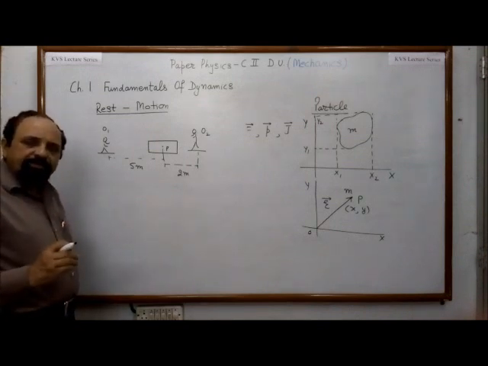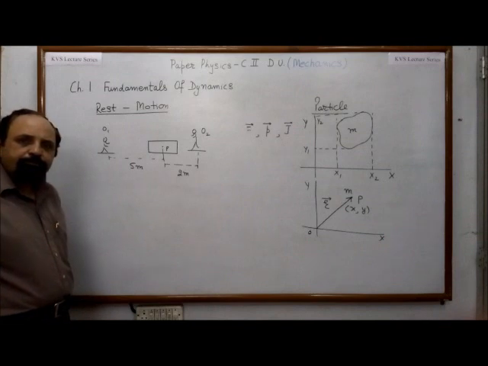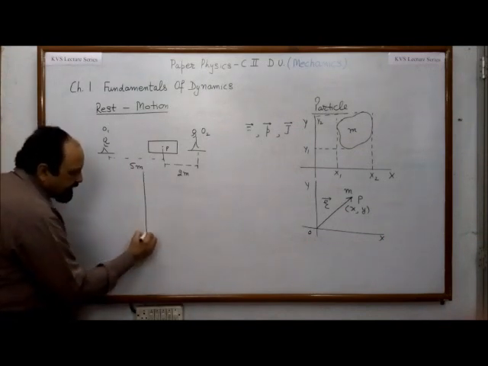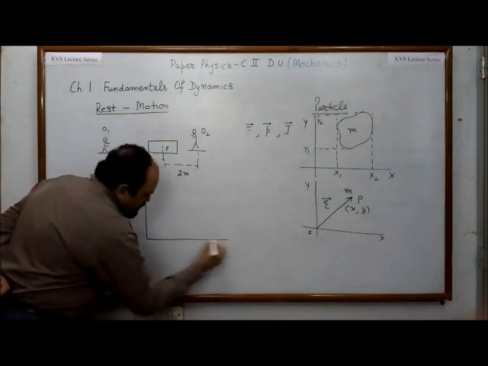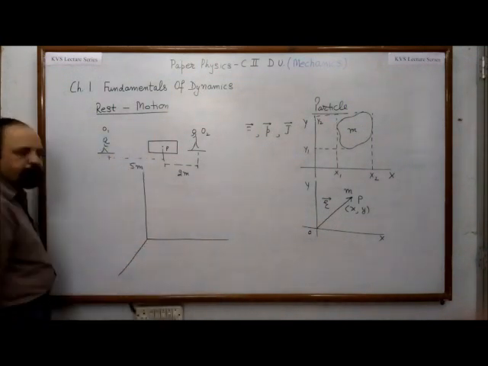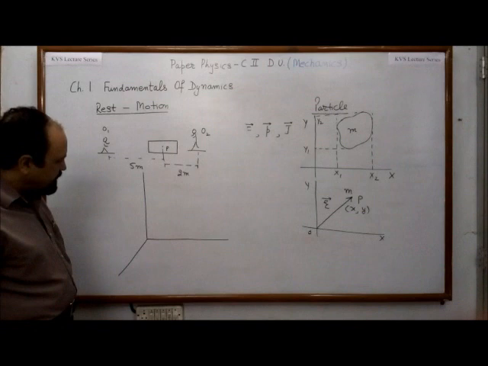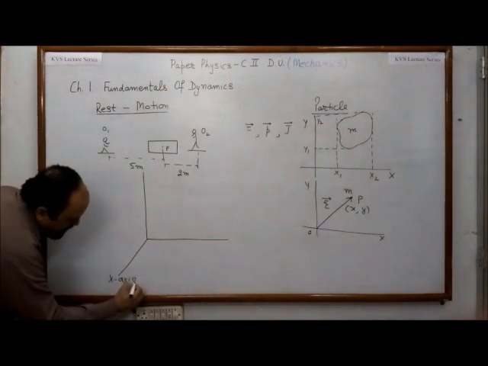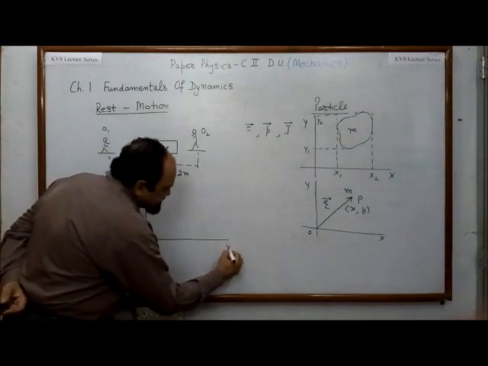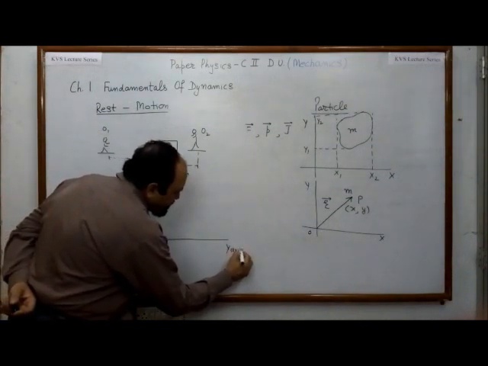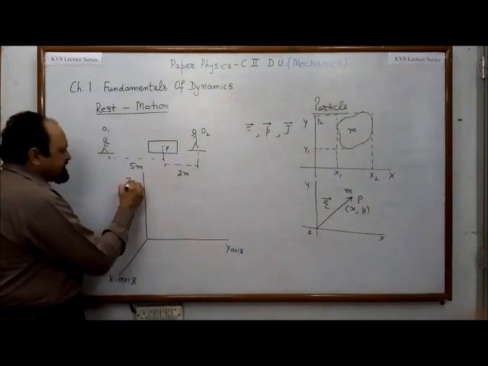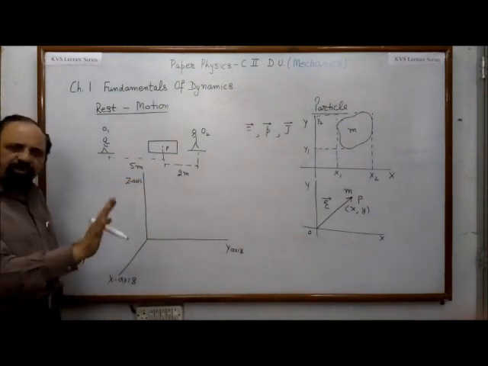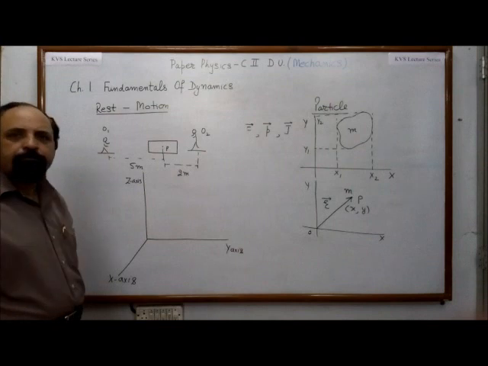When I say the frame of reference, I am actually referring to a coordinate system. Let's say this is the x-axis, y-axis, z-axis, or you can choose any of the formats, it's not very important.